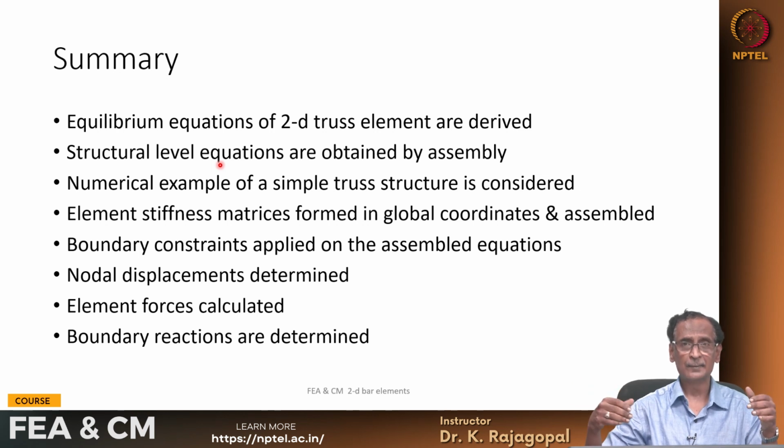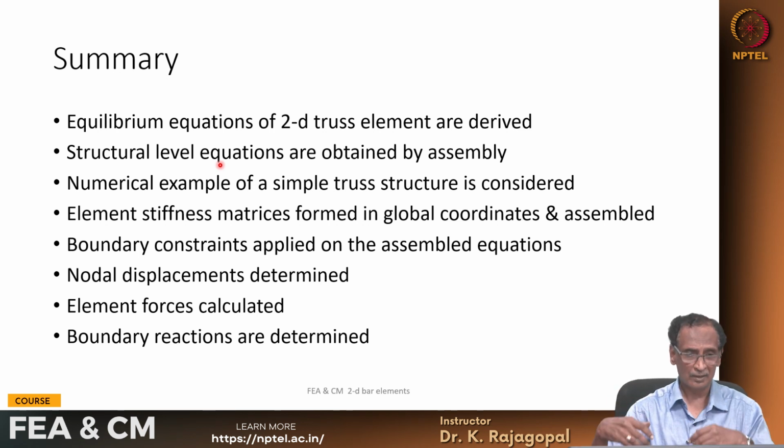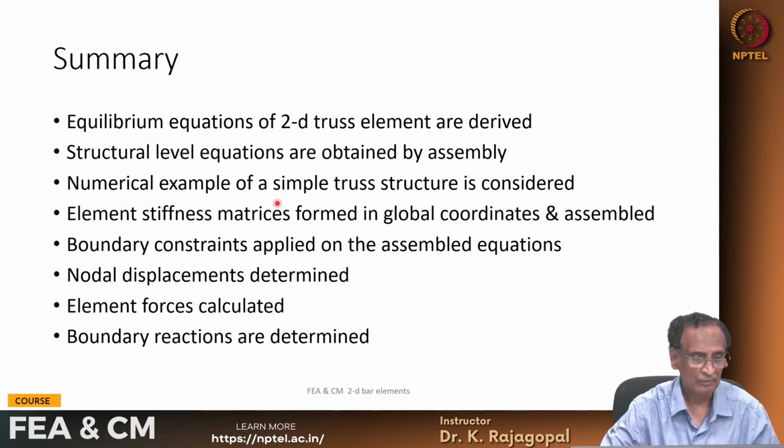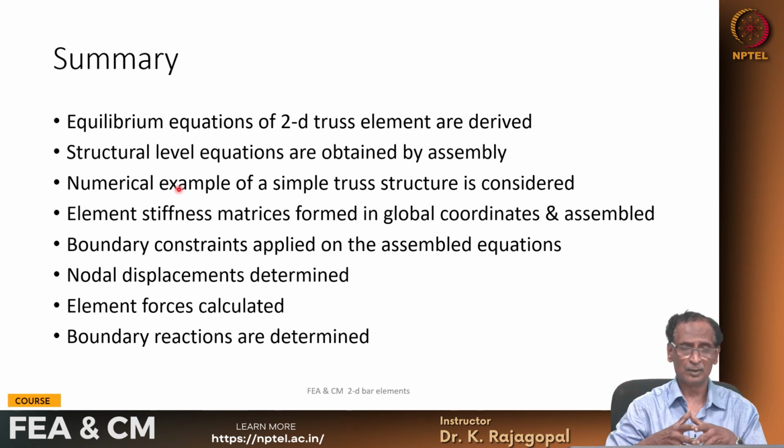Then by solving, we can get our displacements, and then we can get our element forces, and then everything else. And we have also seen the calculations through a simple numerical example, okay. And so, this is how we do these calculations.